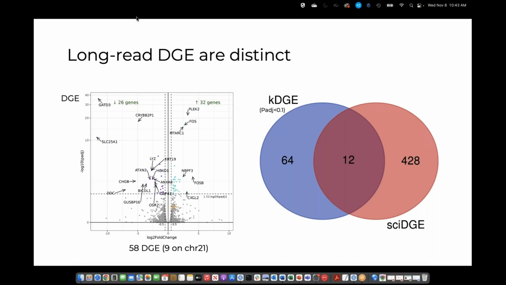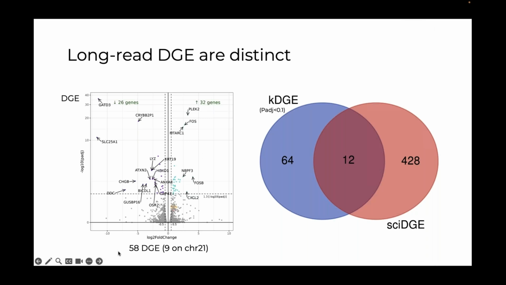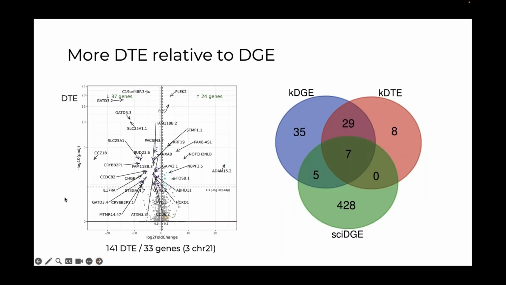But we're also interested in the 64 genes that showed differential expression in the long-read format that were not present among our single-cell data set. And also interestingly, the majority of the genes that we identified, in fact, were not present on chromosome 21, and we're really interested to look at that further.